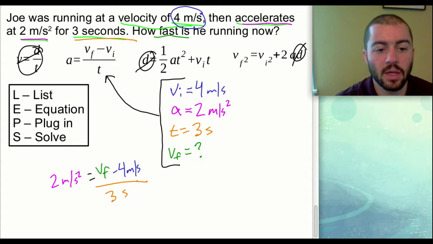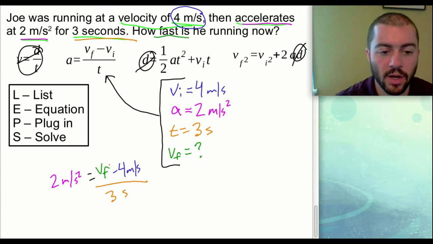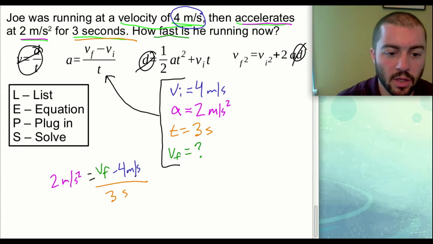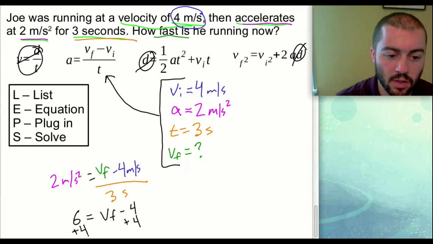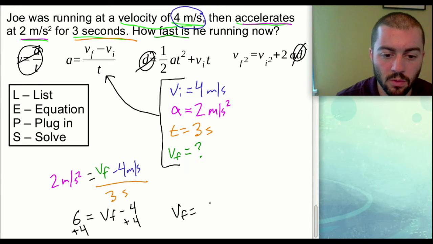Okay, so same thing to solve here. We're just going to try and isolate our unknown variable, VF. So if we want to solve this, we're just going to multiply both sides by 3. That would give us 6 equals VF minus 4. And then to solve, we would add 4 to both sides of the equation. So we'd get VF equals 10 meters per second.